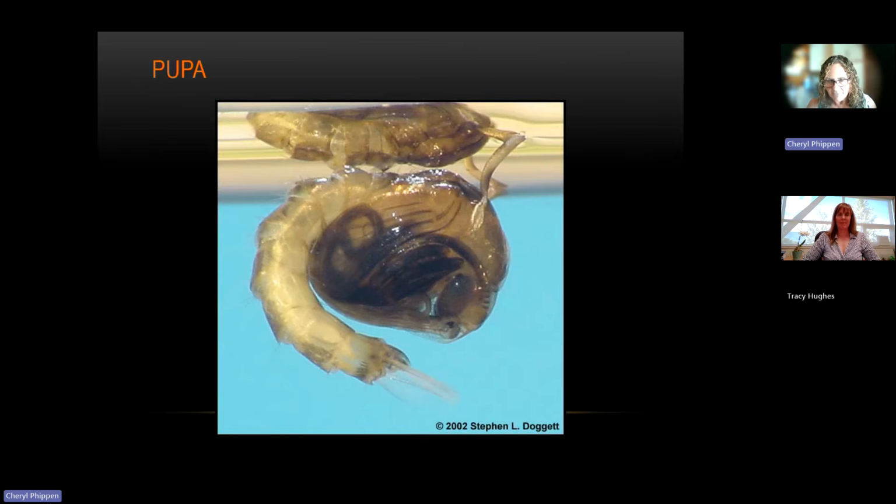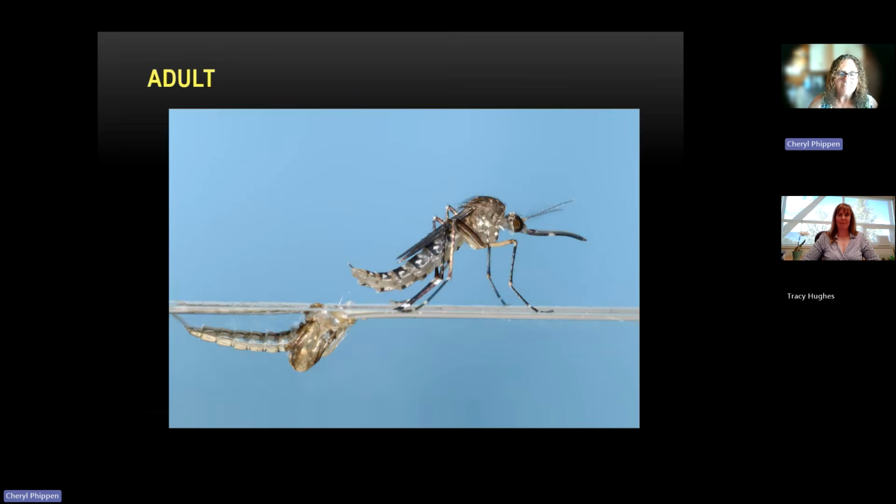They still have those siphons attached to the head that attach to the surface so that they can breathe; they can't breathe in the water. When we start to see them at this stage, it's discouraging for us because they're no longer feeding, and so we cannot control them once they hit their pupal stage. And after a certain time as pupae, depending on water temperature and the species, they emerge again, and we complete that cycle.